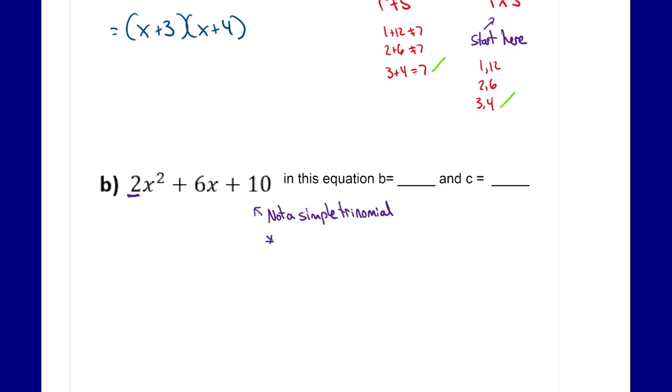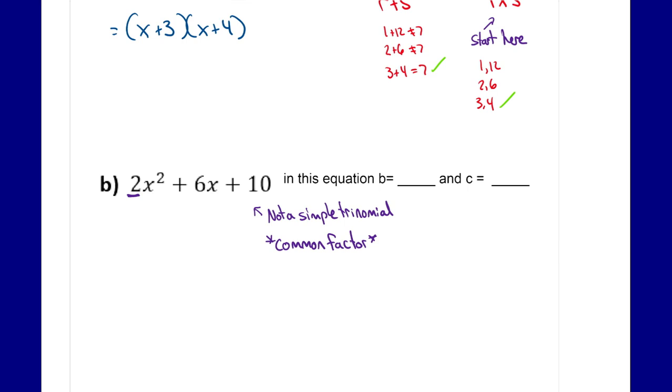What we're going to want to do is common factor first. If I common factor, I'm looking for a coefficient and or a variable that goes into each term.